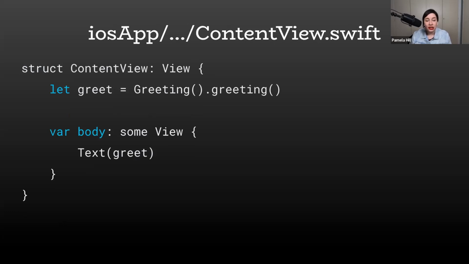So it's kind of the same idea in a way as the Jetpack Compose stuff, where we're calling greeting.greeting and putting some text on the screen that contains this constant that we've defined. So in this very simple use case, it is equally easy calling the shared Kotlin code from Swift code.